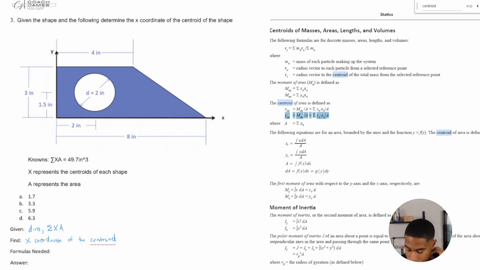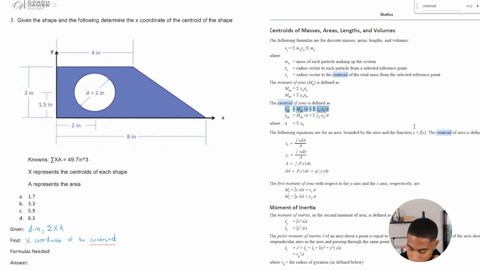Okay. So what formulas do we need? We're going to need to use this formula to get the x coordinate of the entire shape.